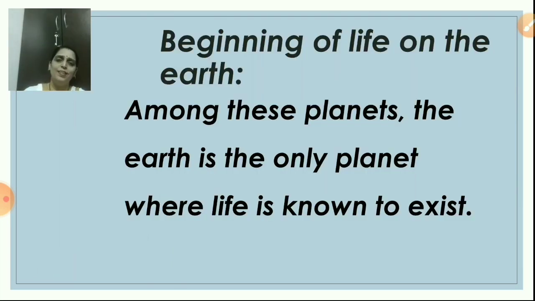Now students, next is beginning of life on the Earth. Among these planets, the Earth is the only planet where life is known to exist. This means students, only Earth is the planet where life is there.